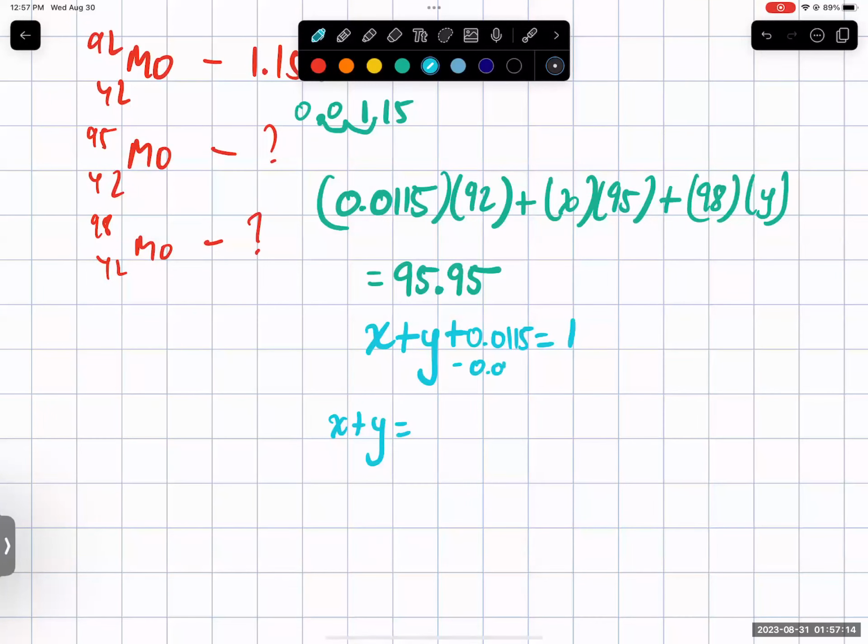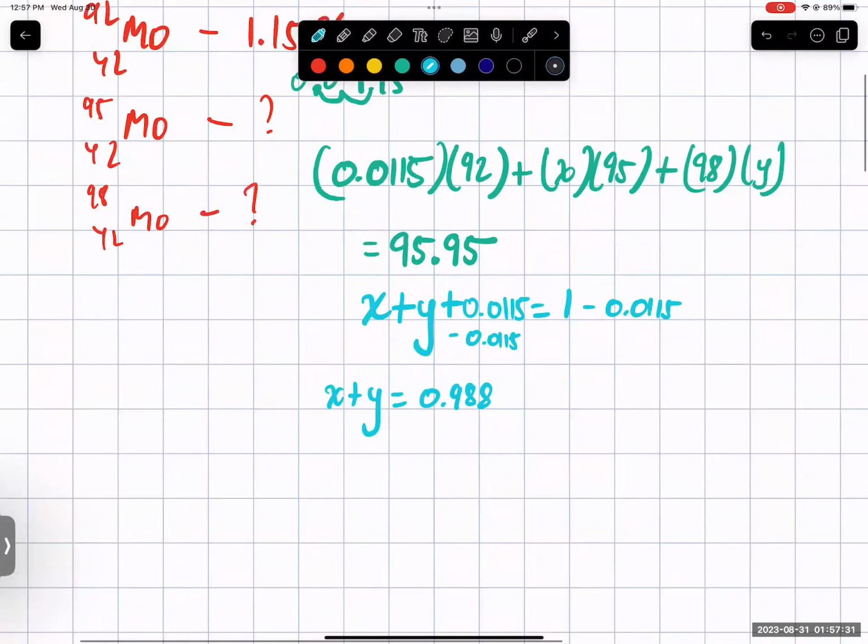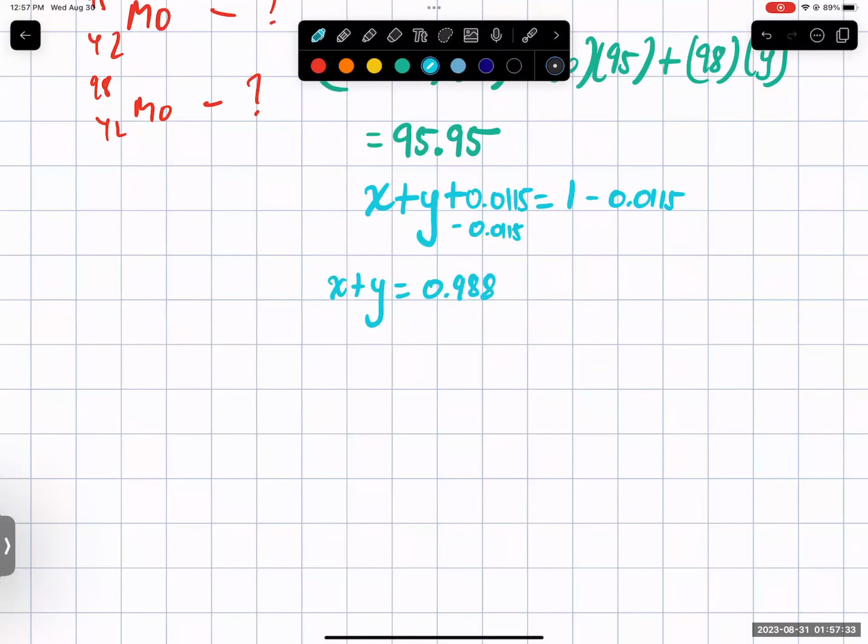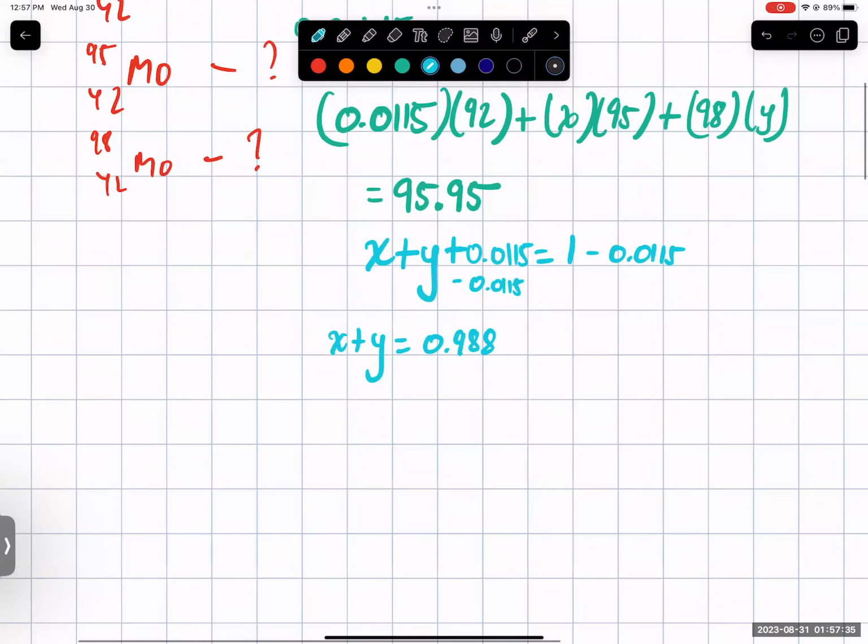Minus 0.0115. 0.988. All right, so this is one of our equations. So let's keep that aside.